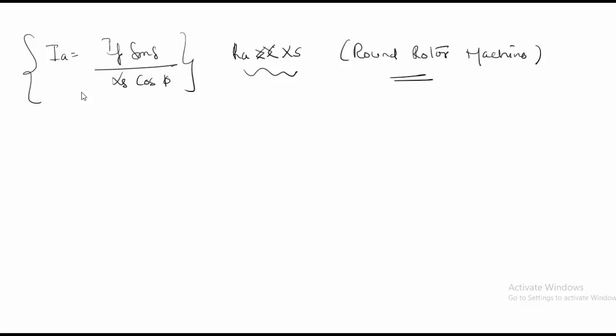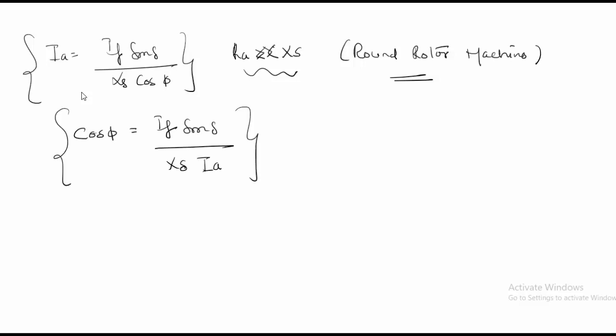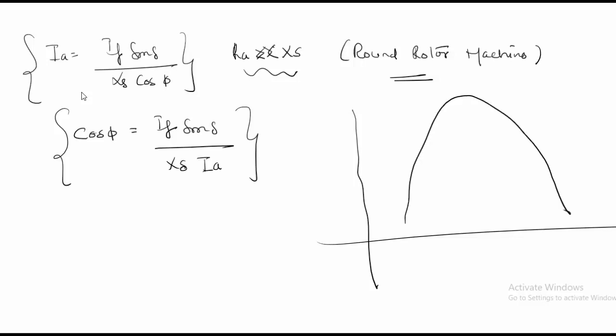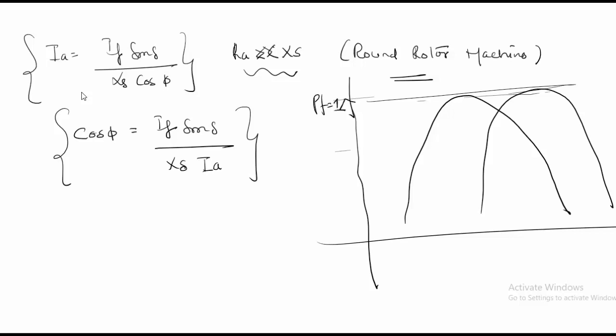So again, if I consider the same equation in terms of cos phi equal to IF sine delta divided by XS into IA, and if I plot it for different values, then the curve which I get is a kind of inverted curve. This is a curve between the power factor, equal to 1, and the increasing power factor and the increasing IF.